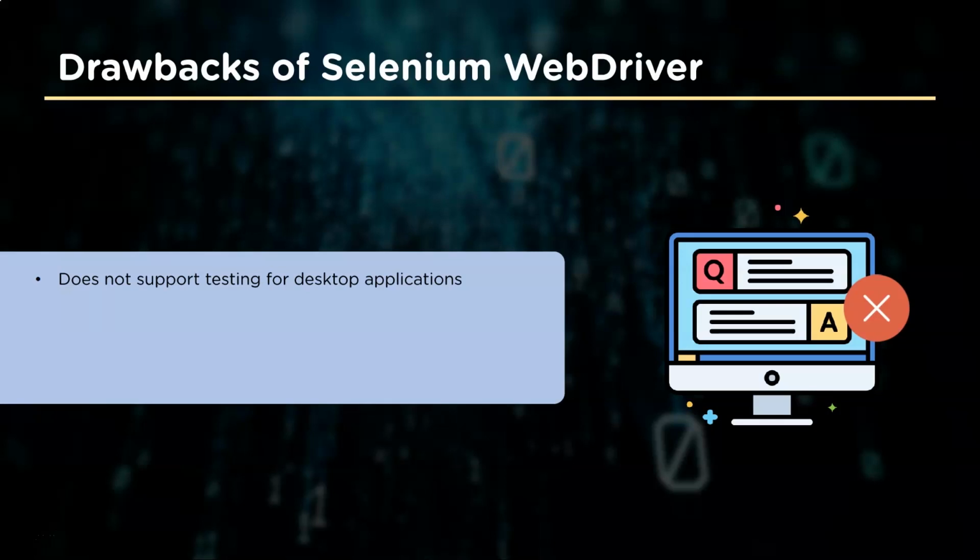But the problem is that it's not something you can use for desktop applications. For the desktop application this does not work. This WebDriver is supported for web applications only. It's not something we can use for desktop applications as such. So that's a limitation we get with the Selenium WebDriver. It's only there for websites, for web portals.